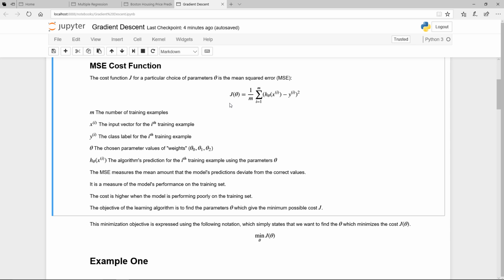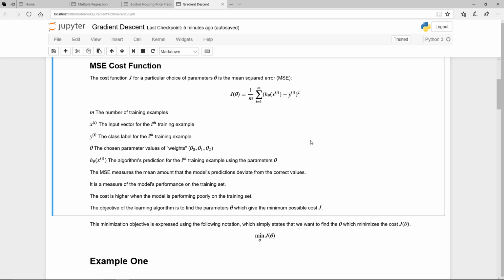And typically, the cost function is denoted using J. The details of the notation used are all listed here. The mean square error measures the mean amount that the model's predictions deviate from the actual correct value. So this is really the error. It is a measure of the model's performance on the training set.